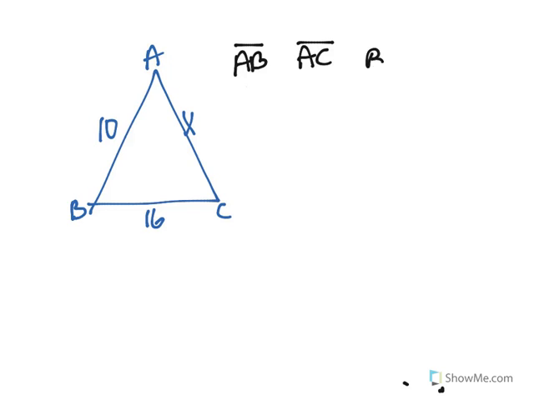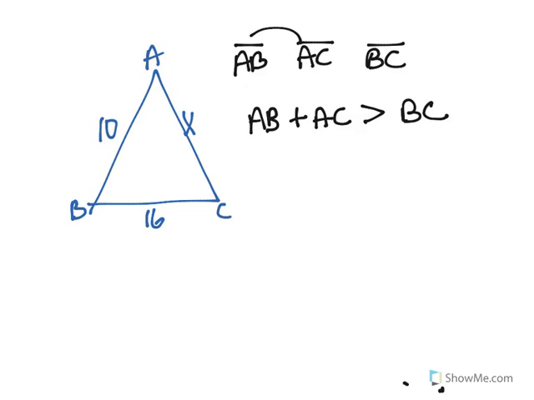So for figuring out the possible values of x, remember the two sides added together must always be greater than the third side. So AB plus AC needs to be greater than BC. So that's these two.